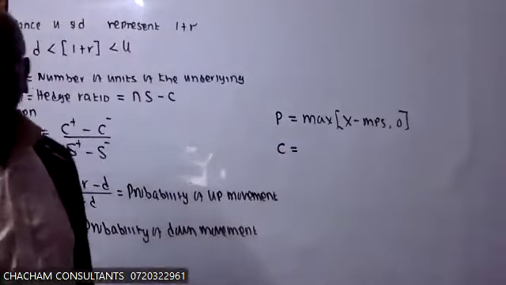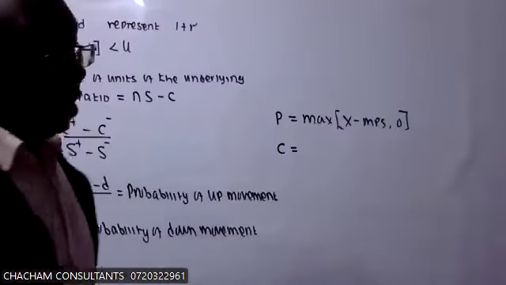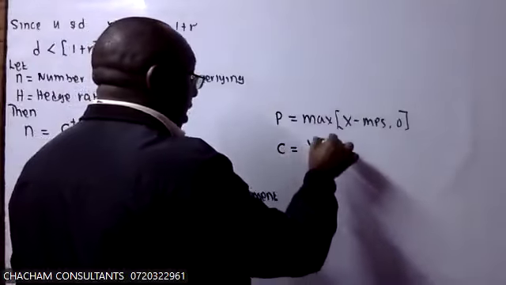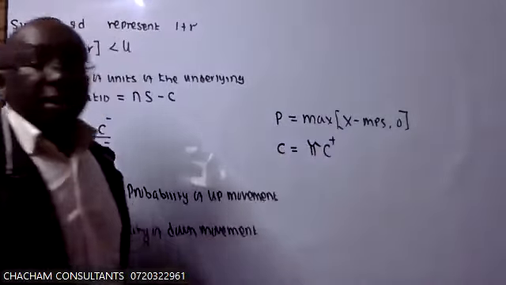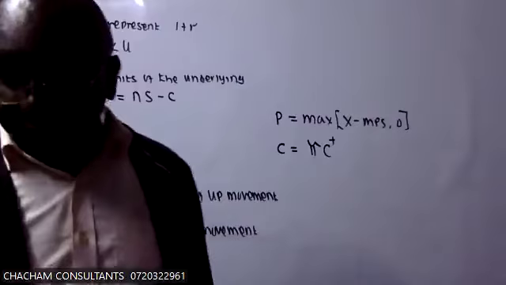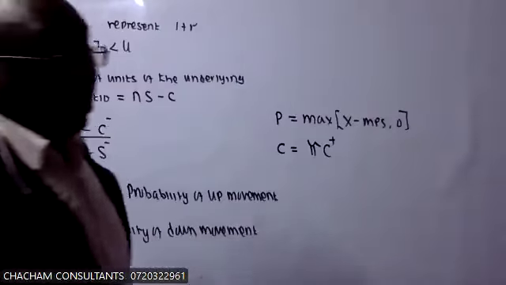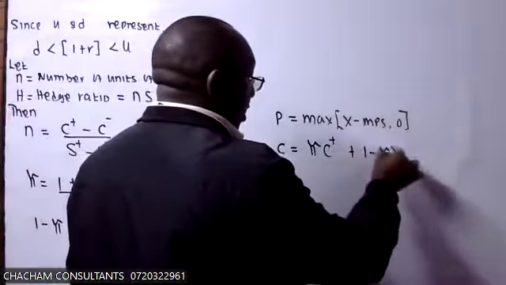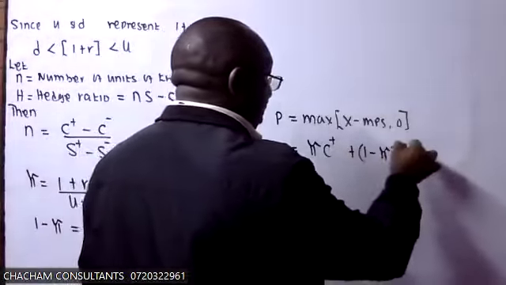C, that is if it's a call option, will be given as pi multiplied by C plus, the higher price, plus 1 minus pi, C minus.